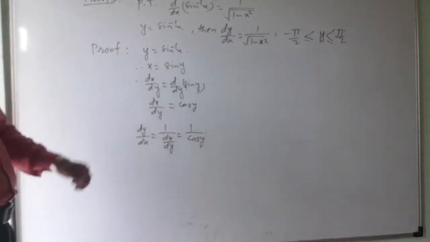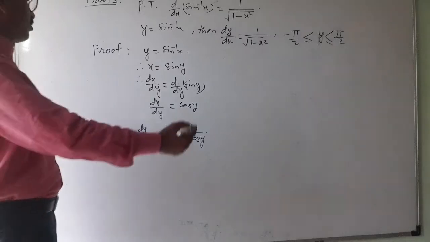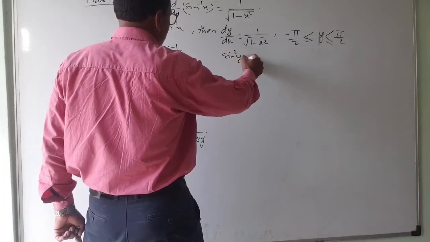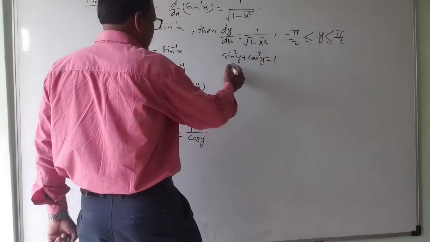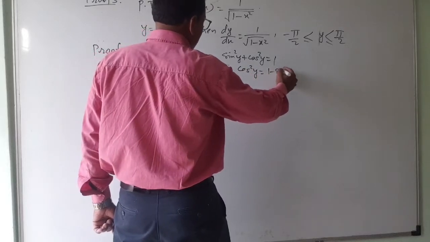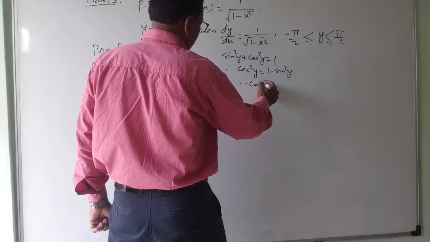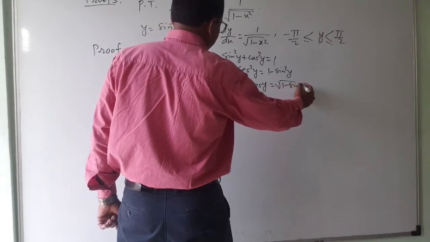Now what is meant by cos? We know the identity sin square y plus cos square y is equal to 1. Therefore cos square y is equal to 1 minus sin square y. Therefore cos of y is equal to under root of 1 minus sin square y.